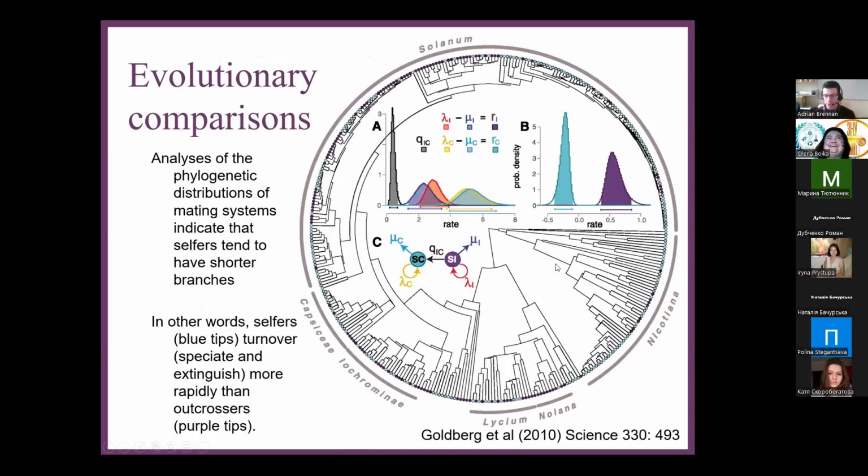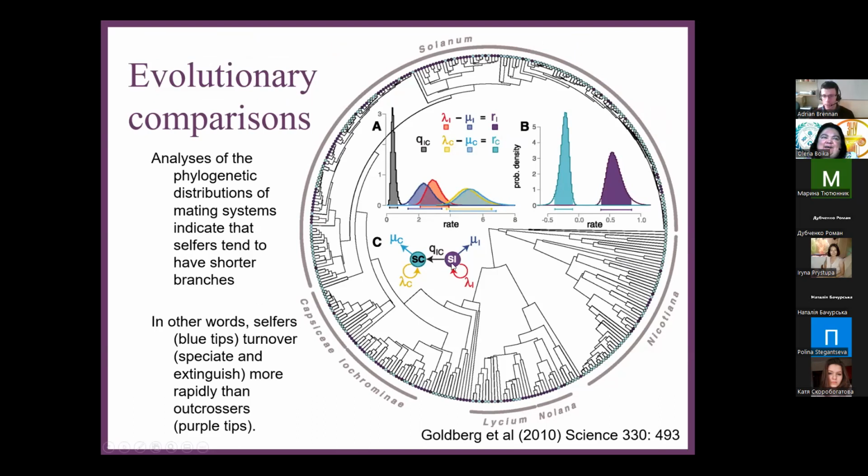So you can model all those processes to get a feel for why modern plants show a mix of outcrossing and selfing. And so the data that you put in is the lengths of branches on trees and whether they are selfing or outcrossing in that particular species.